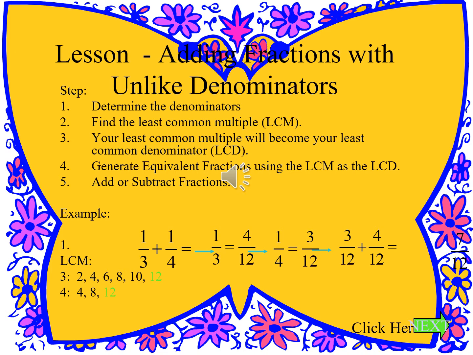Again, here are the steps that you need to follow in adding or subtracting dissimilar fractions. First, you need to determine your denominators. Next, you need to find the LCM or the least common multiple of these denominators. And after finding the LCM, that becomes automatically your LCD or the least common denominator. And with the LCD, we can generate equivalent fractions.